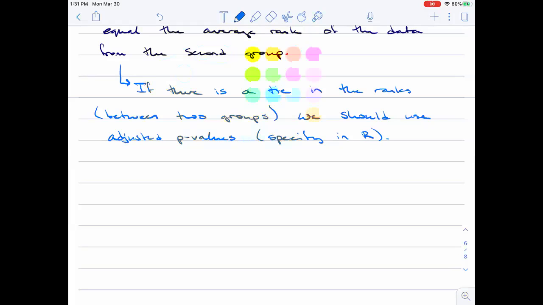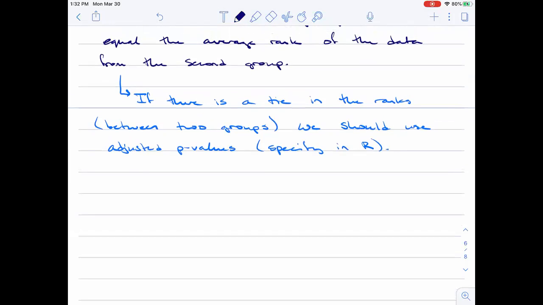Okay, so the Wilcoxon Mann-Whitney test is for comparing two samples. So that would be the t-test equivalent, the two sample t-test.